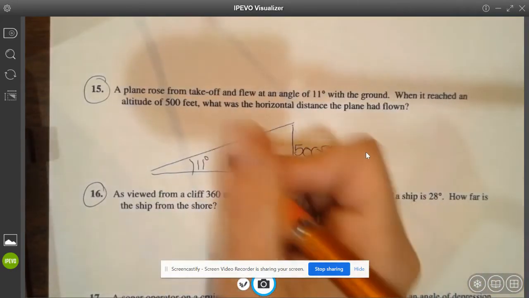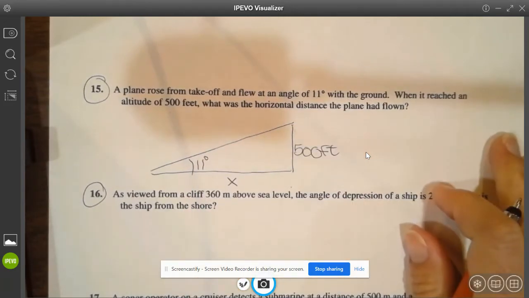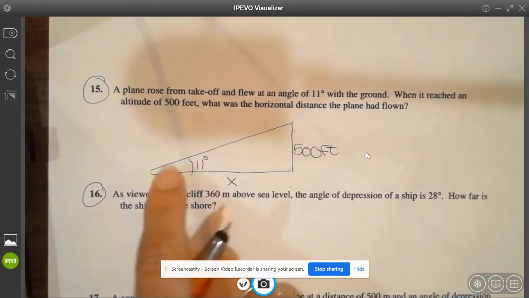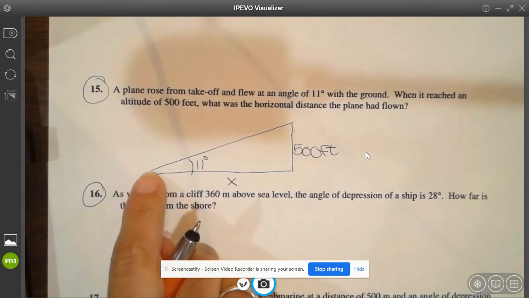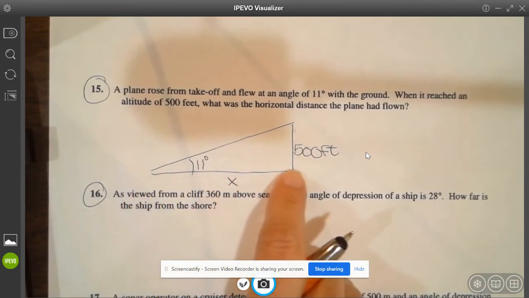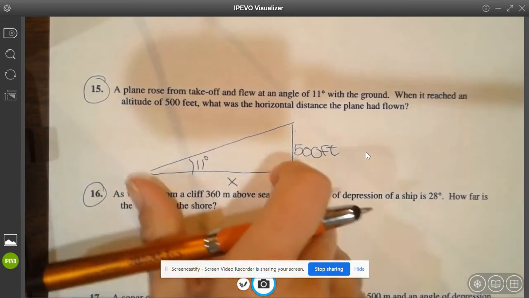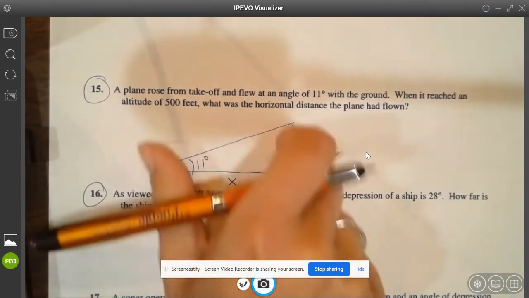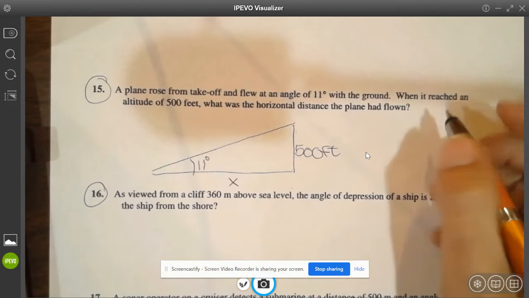So from here to here, that's what you're looking for. The plane went this way, but they want to know the horizontal distance. So from the starting point, it went this way, horizontally. It's the same distance.